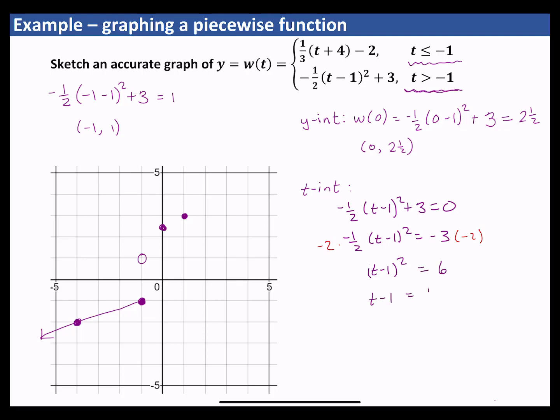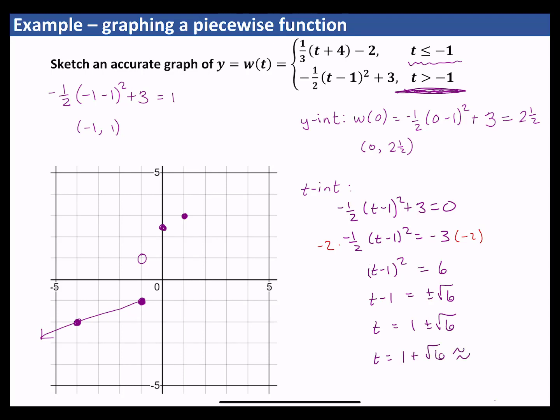We'll take the square root of both sides, so t minus 1 equals plus or minus the square root of 6, and then we'll add 1, so t equals 1 plus or minus the square root of 6. And we are only interested in the t-intercept where t is greater than or equal to -1. So we're interested in t equals 1 plus the square root of 6.